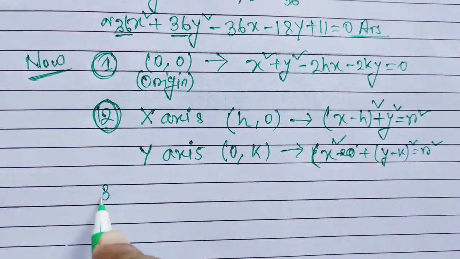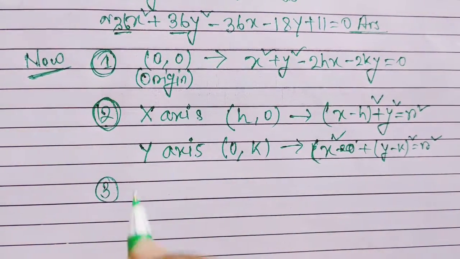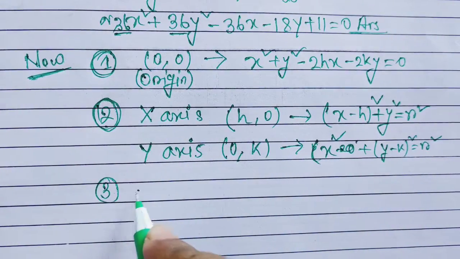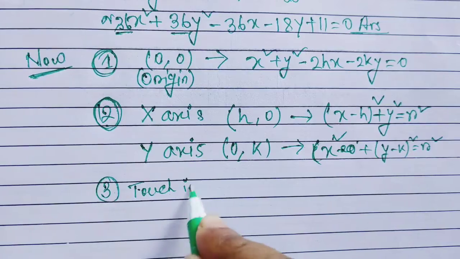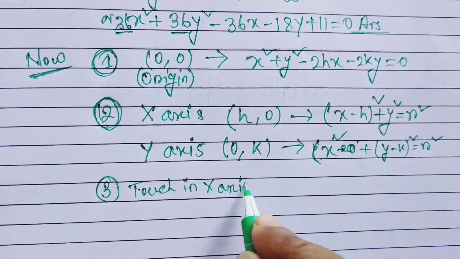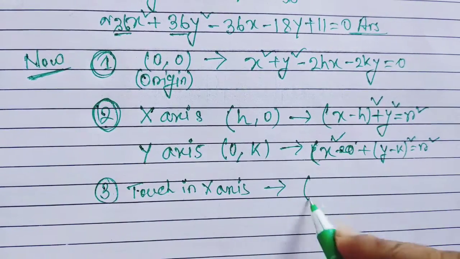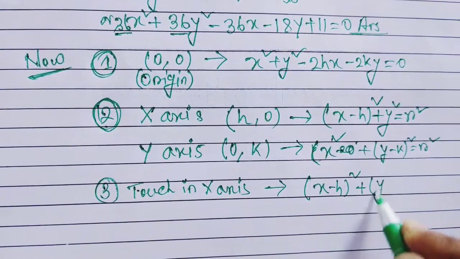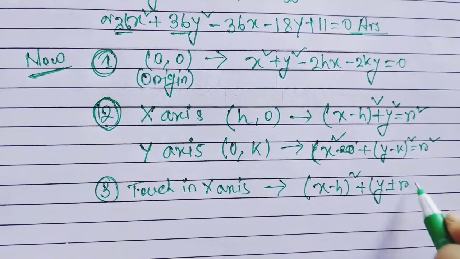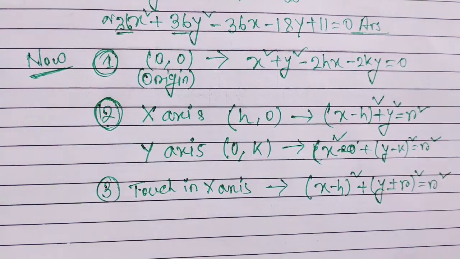Now case number 3: when the circle touches the x-axis or y-axis. If it touches the x-axis, then the equation will be (x minus h) whole square plus (y plus or minus r) whole square equal to r square.